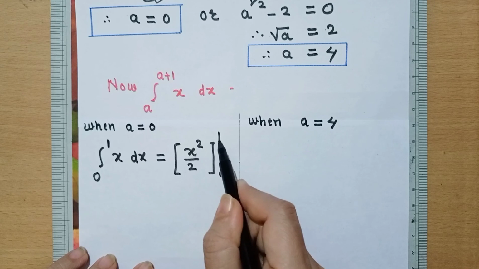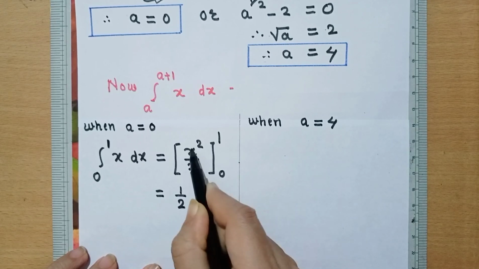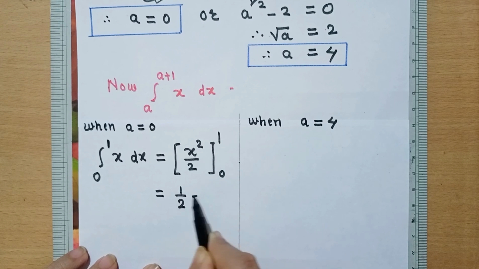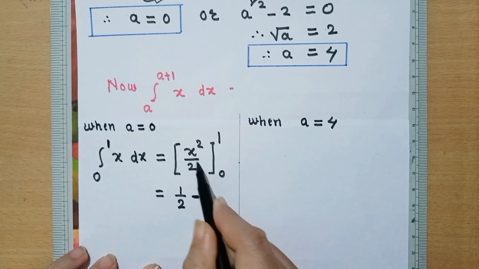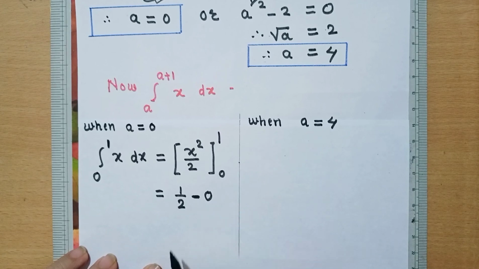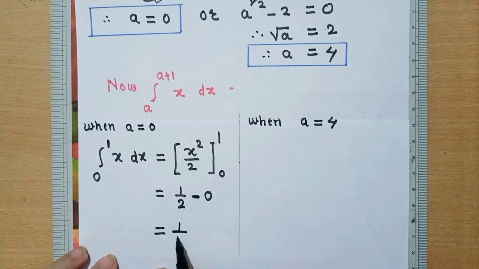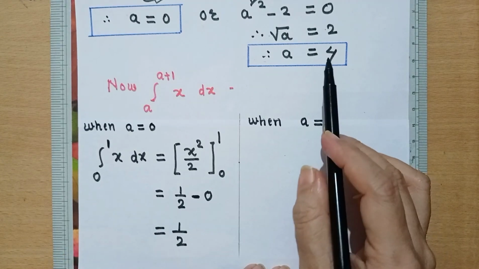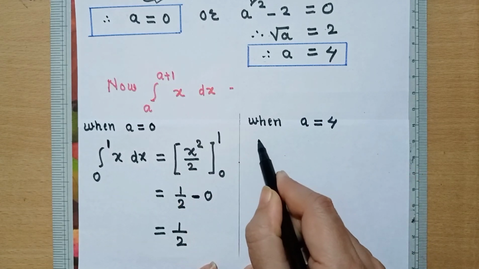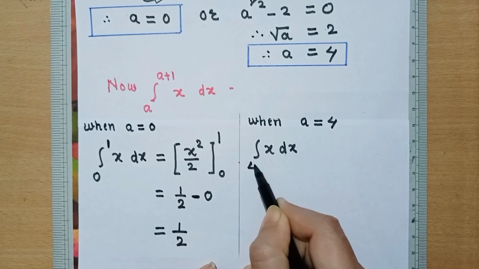First we will substitute the upper limit, so here 1 upon 2, 1 square is 1, and middle sign minus, and if we substitute x equal to 0, then its value is 0, and so the value of this definite integral is 1 upon 2.